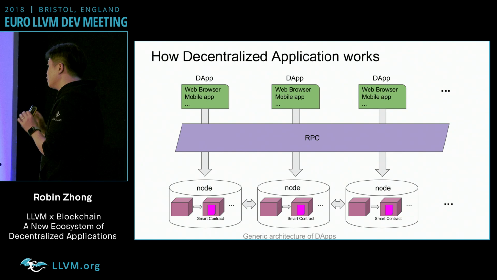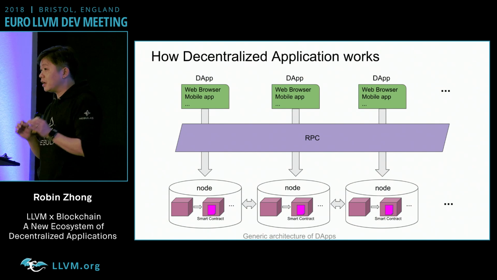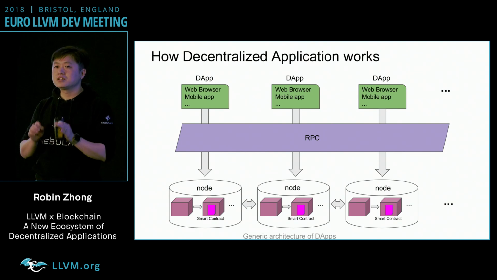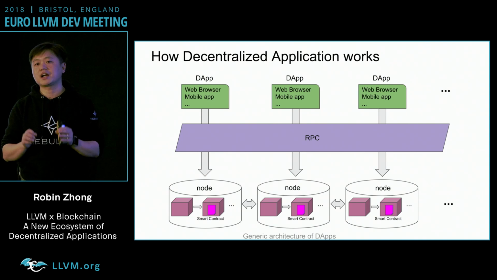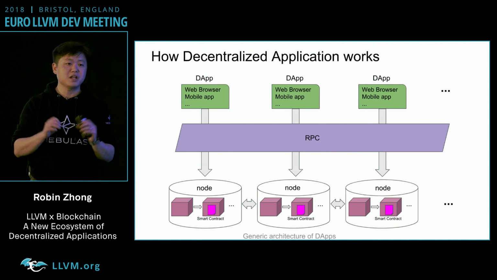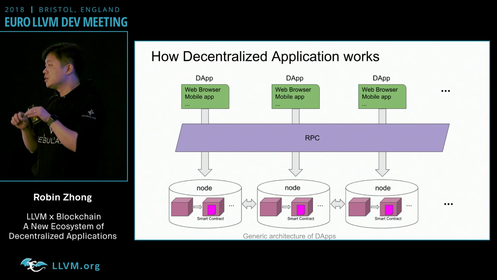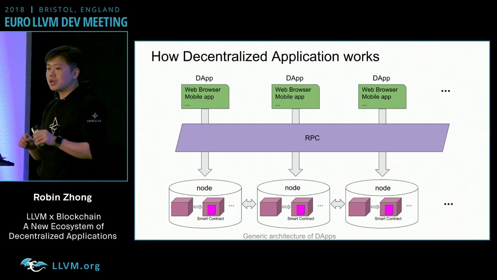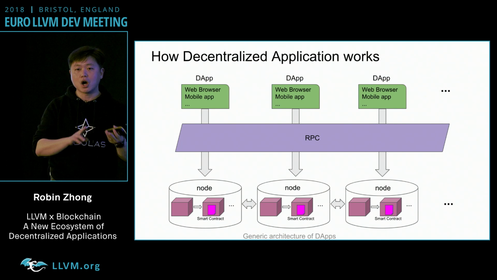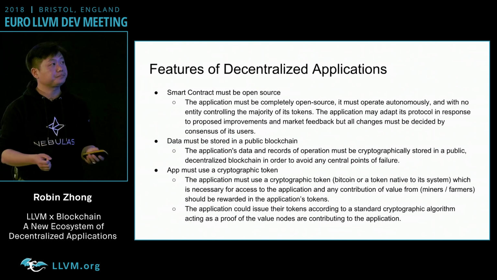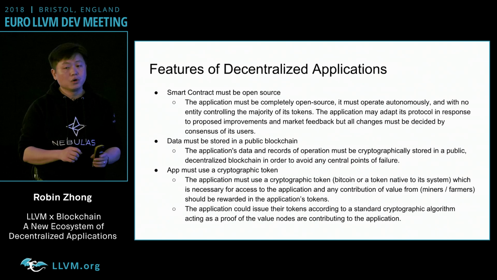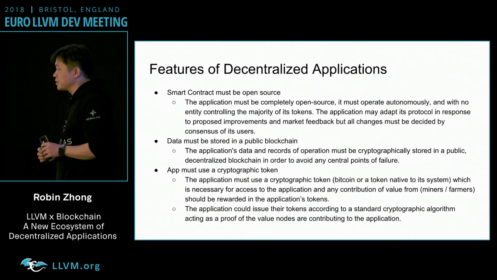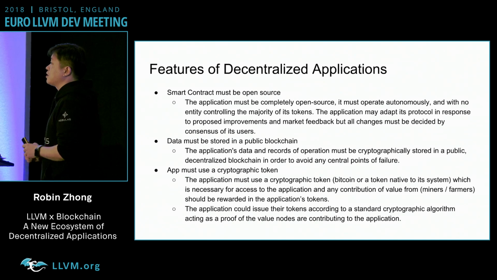If the ROI is not good, if the profit is lower than the cost, the attacker won't do that. It's not meaningful. So that will make this public blockchain more stable and safer by using math, algorithm, and also economic principle. Yeah. So there are more features for the decentralized application.